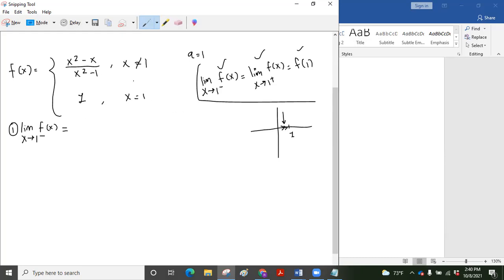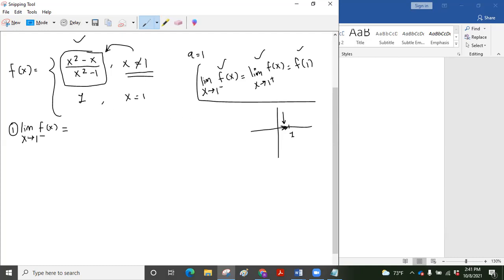So I want to use the function that says when the x value is not 1, use this function. I know that if I'm coming from the left, all those values are clearly not 1. They're everything to the left of 1. So I'm going to use this function.